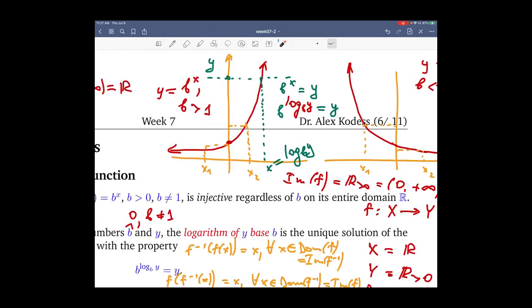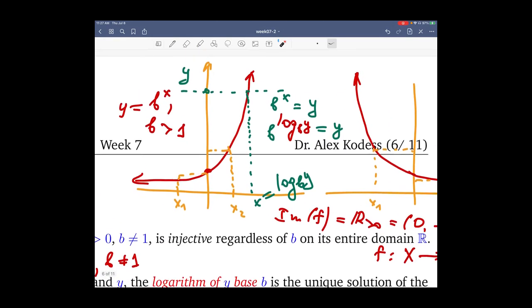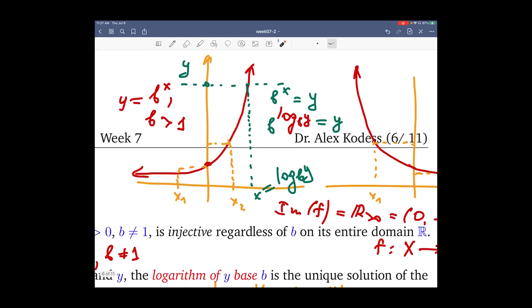In other words, if you consider the curve b to the power x and intersect that curve with a horizontal line whose y coordinates are all equal to y, the coordinates of the points of intersection will be, second coordinate will of course be y.